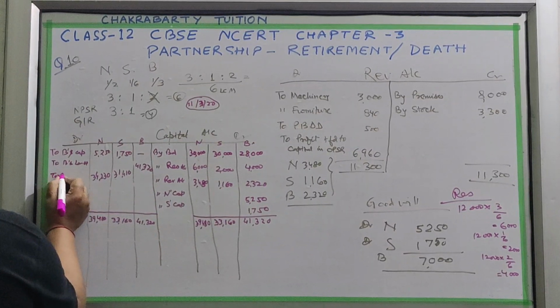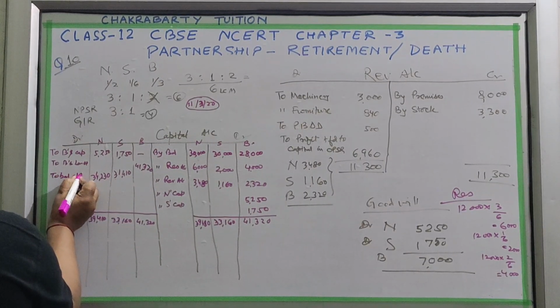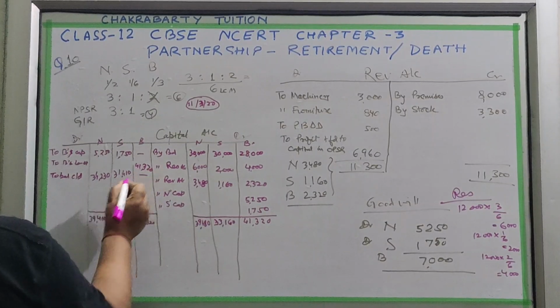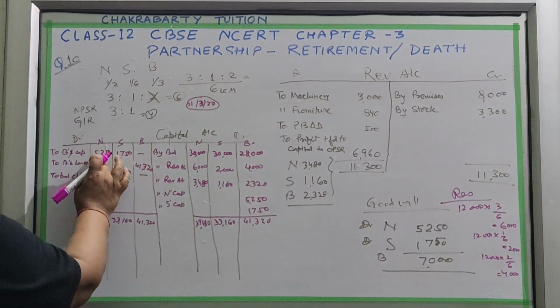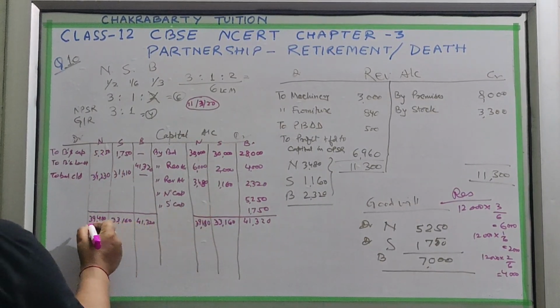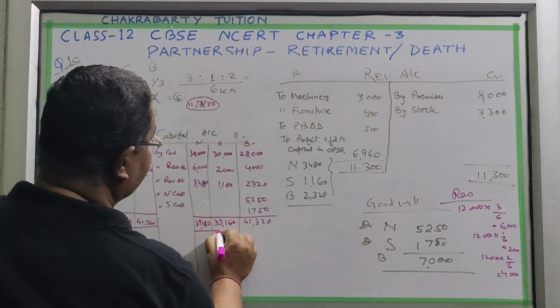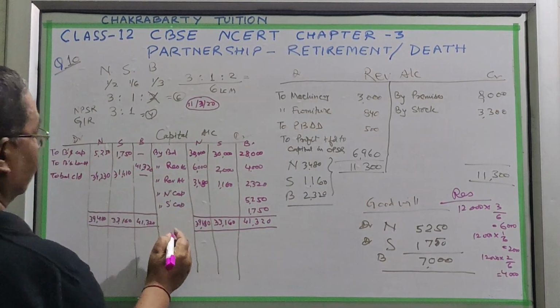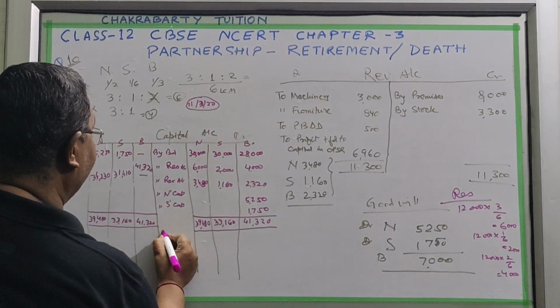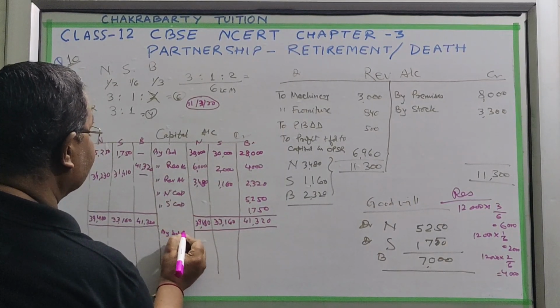So we will write balance carried down. Only these two will come here. No balance will come for him. So from this total we have first made a minus. Now this balance will come down, so by balance brought down.